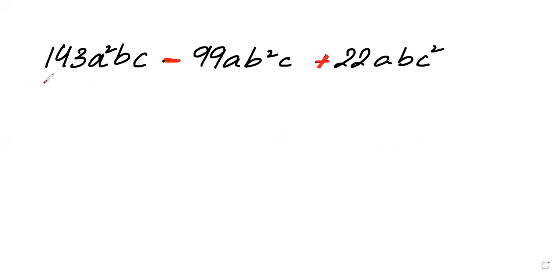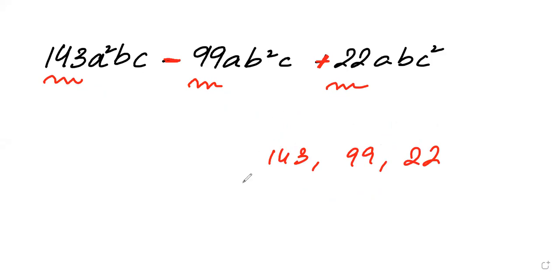So guys, what is the first number? The first number is 143. The second number is 99. The third number is 22. Is there any common factor? Common factor means a number which can divide 143, also 99, also 22. Is there any number which can divide all 3 of them? 11. Very good. 11 is a common factor.